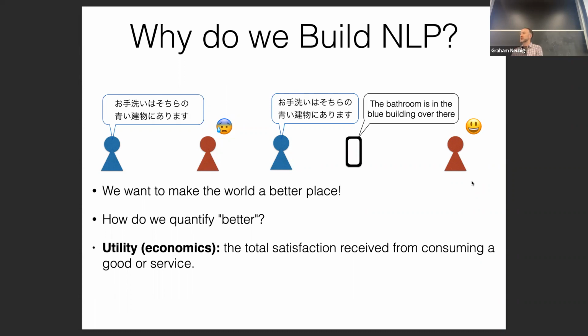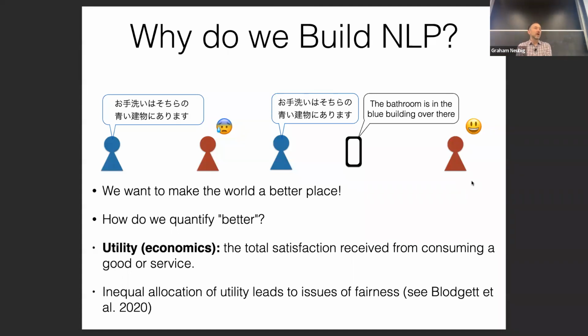Let's say you increased the scientific information extraction accuracy by 10 points or something like that. How much would that actually make your life better? It's not super clear. So that's a difficult question. I'm going to sidestep that question a little bit in this talk today, but it's something important to be thinking about.